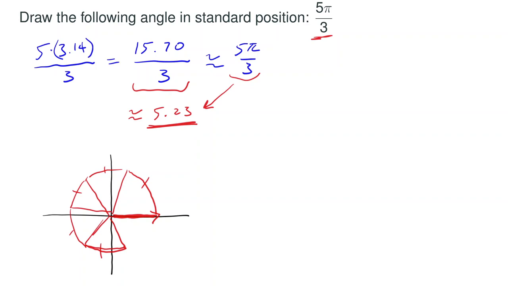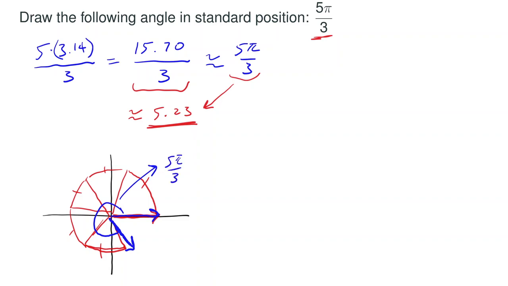So this is 5. So for this 5 pi over 3, we have to go a little more. We have to go about 0.23 more, so we'll just go a little more. So a little bigger than 5 radian. So the angle starts from here and ends right here. So this angle is about 5 pi over 3.